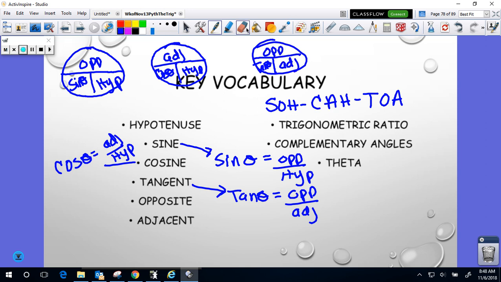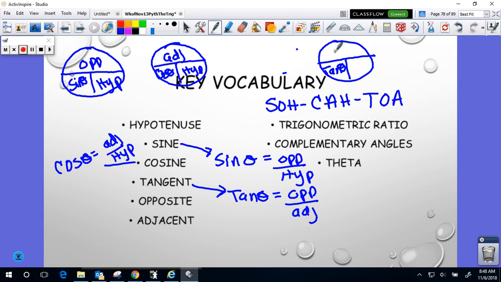Let me make this a little neater. So let's do the tan one more time. Tan of theta is opposite over adjacent. Okay, and there we go.